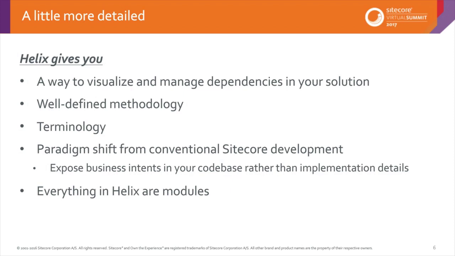So if we know Helix, we have the same understanding of these terms that you will find in Sitecore Helix. It's also quite a paradigm shift from the conventional Sitecore development, because it moves the focus onto the business intents rather than how the implementation is actually performed.